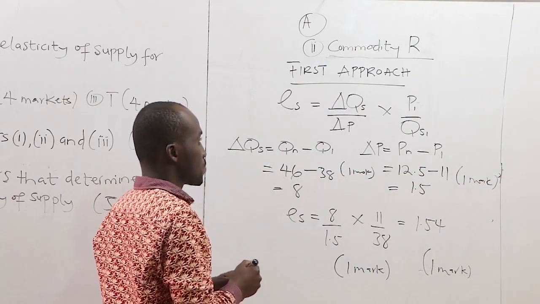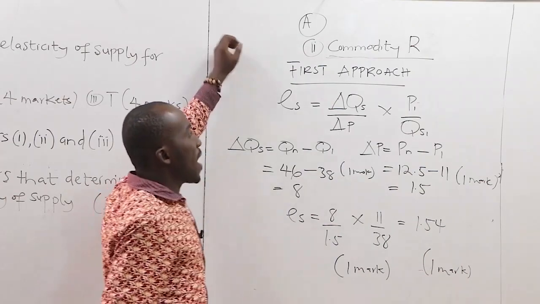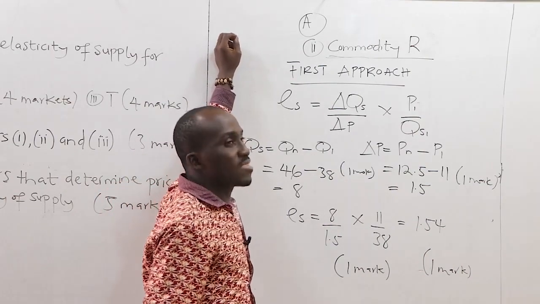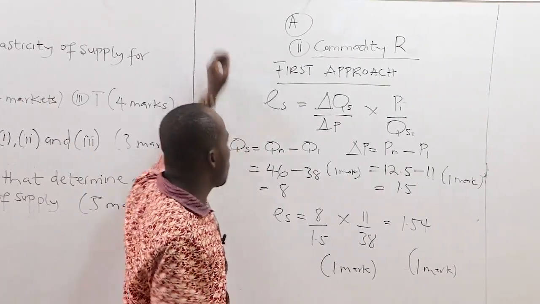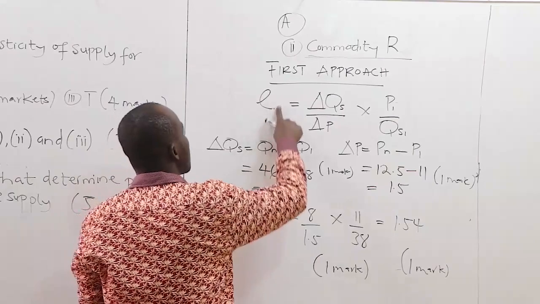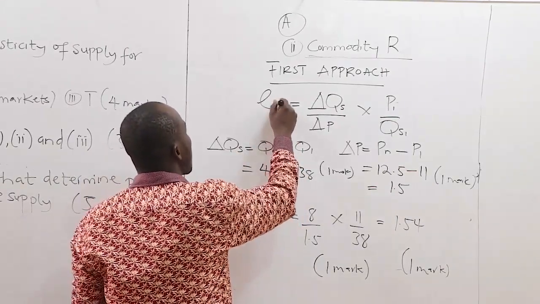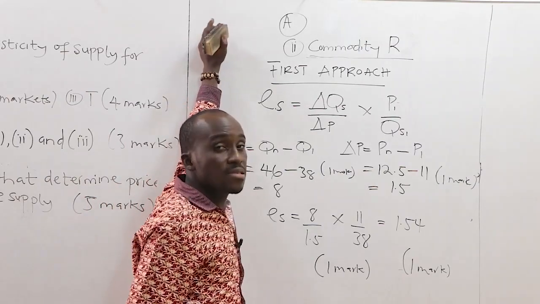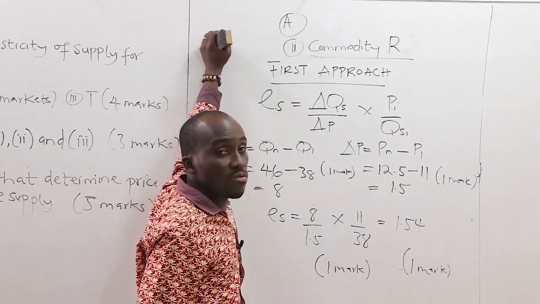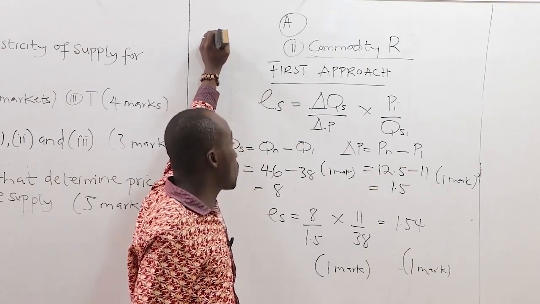So let's go by it. We want to find the price elasticity of supply for commodity R. We're using the first approach. What's the formula? The formula says that the elasticity of supply is equal to change in quantity supply divided by change in price, times initial price divided by initial quantity supply.